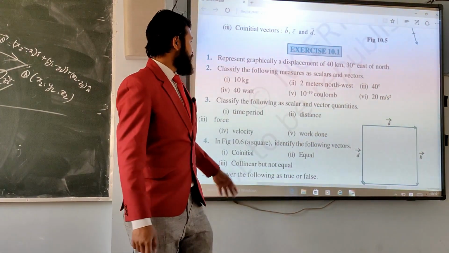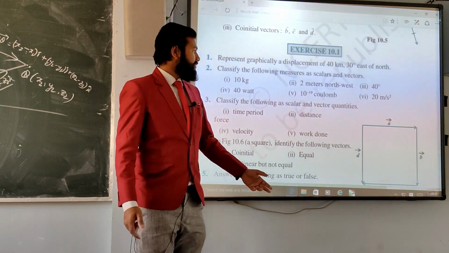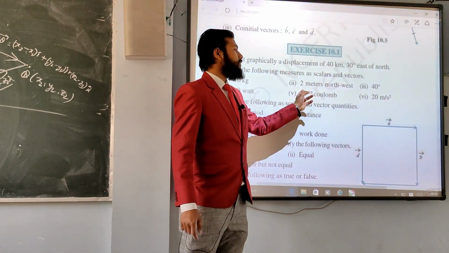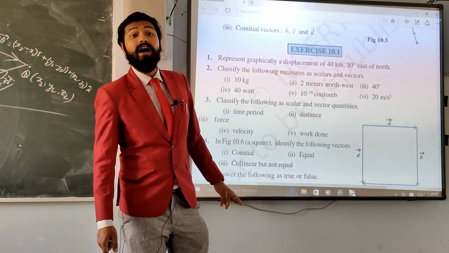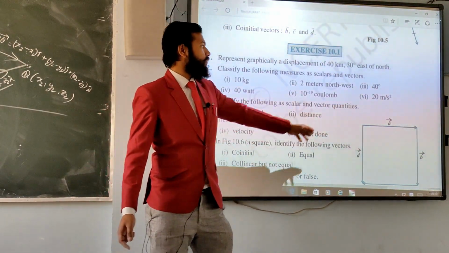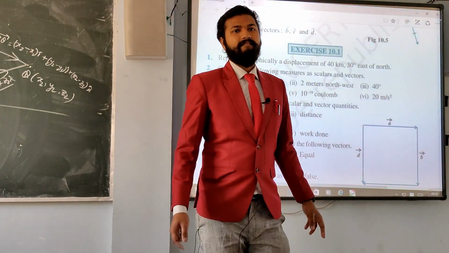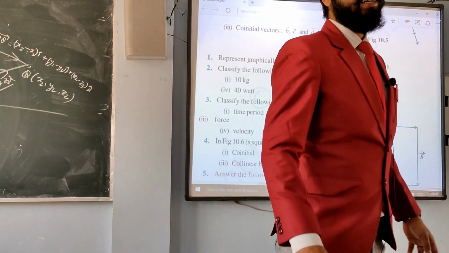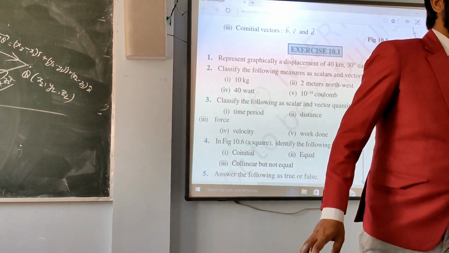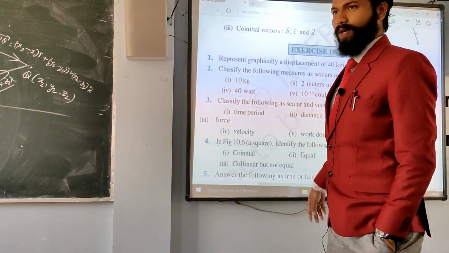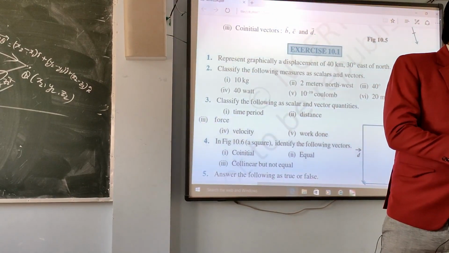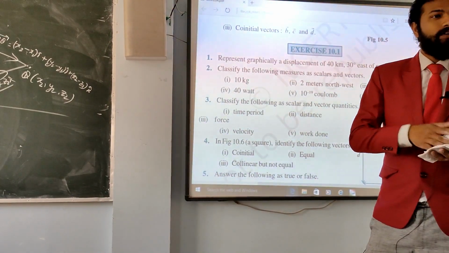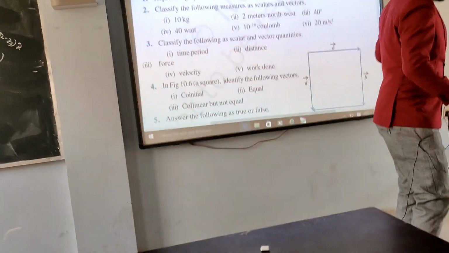Similarly, 40 watt, scalar. 10 to the minus 9 coulomb. And 20 meter per second square is acceleration, definitely has some direction. Complete this one because you get some gift. I have one class; as far as possible, I will try to extend.